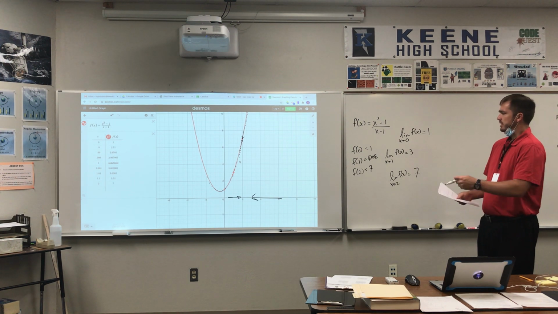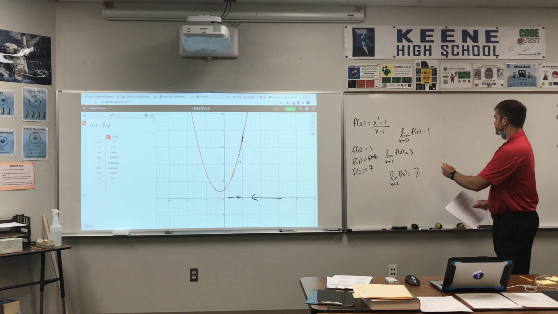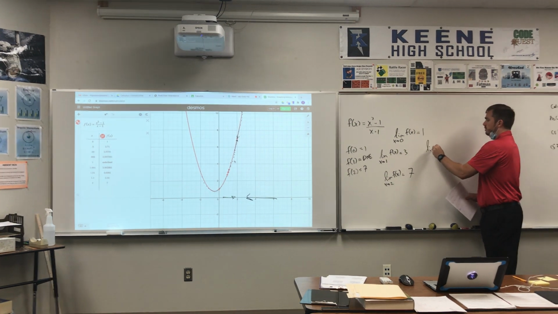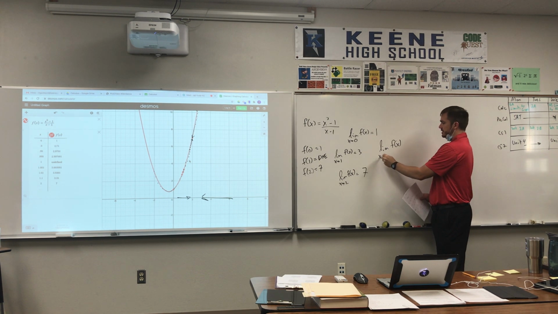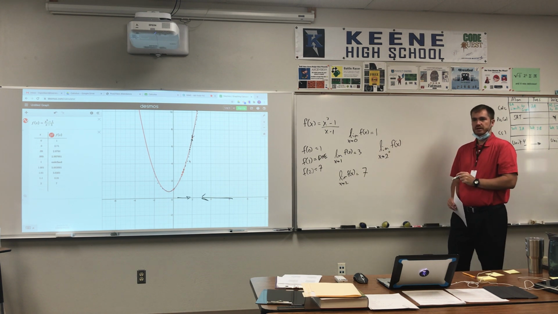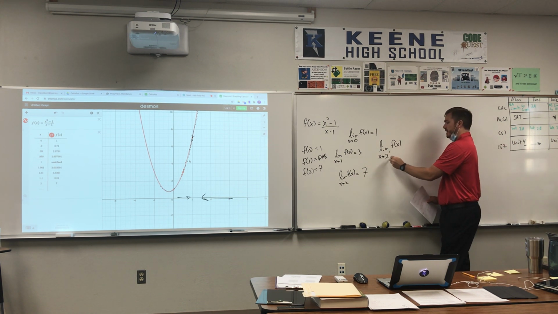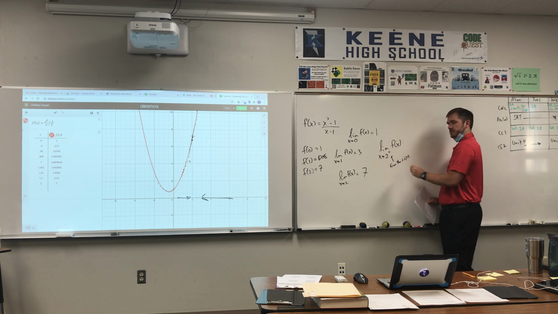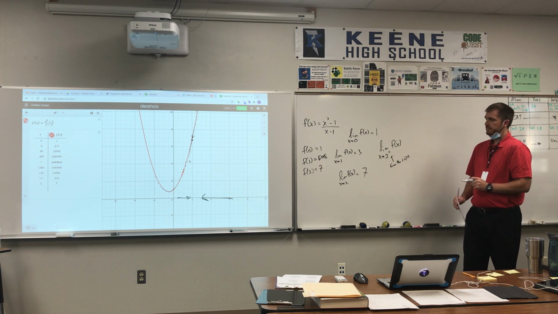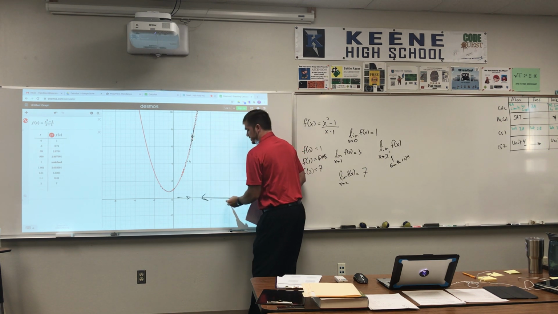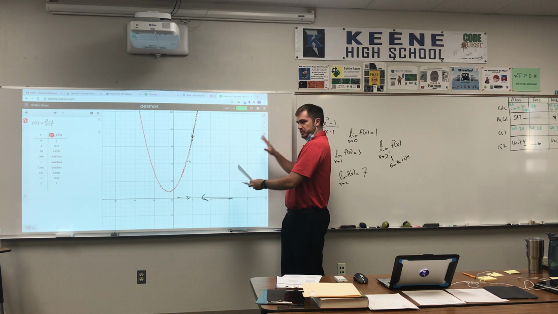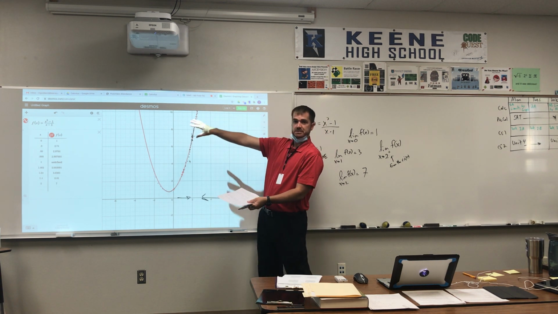Something else that you'll see on the homework is sometimes you'll see what is the limit of f of x as x approaches, we'll say 2, and then they'll put a little plus symbol right there, okay? And what that means is from the right. So that means going at it from this side. So as a general rule, plus is on the right and minus is on the left.